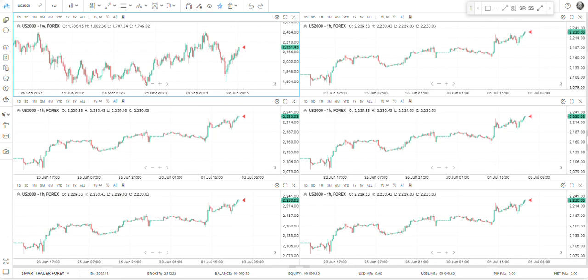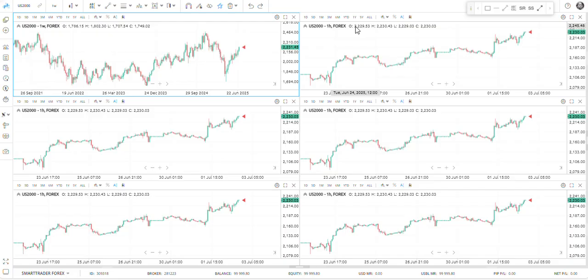So I use a charting platform called Smart Trader, and it shortcuts a lot of things that I've already learned to do. It helps me to do my support and resistance. It maps my fibs because I use the Fibonacci tool to get my chart set up for my entries. So I love Smart Trader.